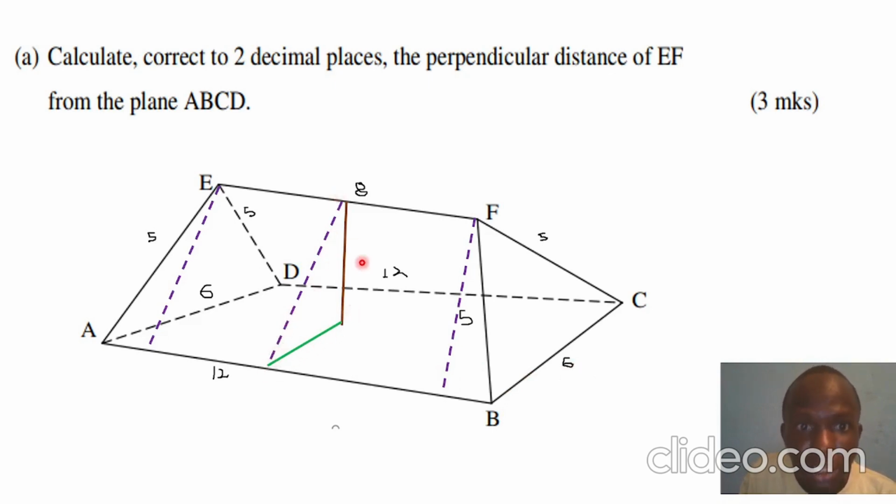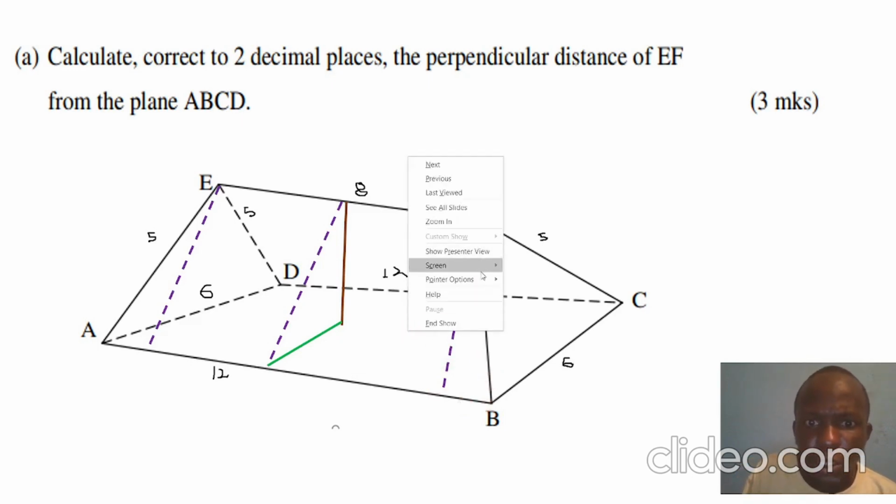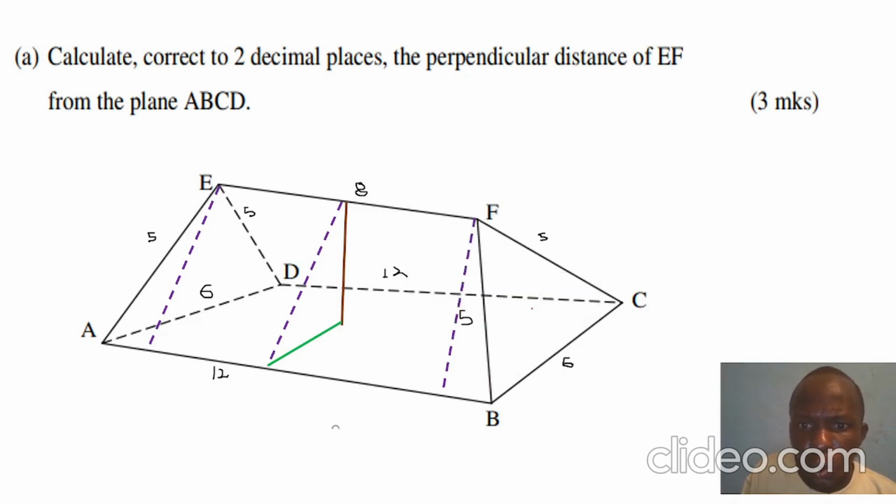We need this in order to get the vertical. How are we going to get this length, which is the same as this length? Let me just talk about it briefly. Since this is a triangle, we have this side. The distance from here up to here is 12 centimeters.